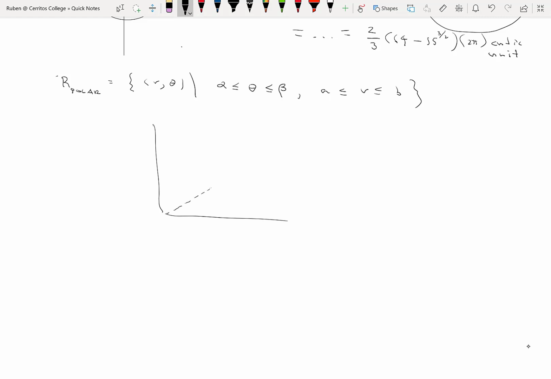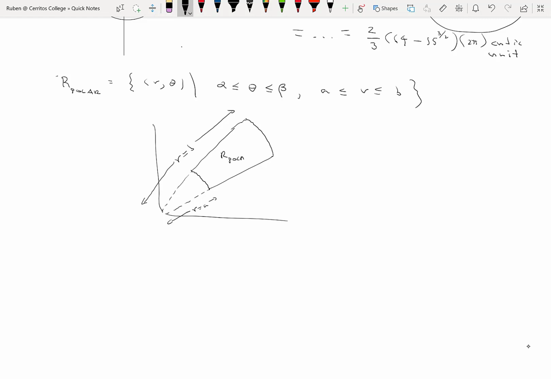Here's theta equals alpha. Here's theta equals beta. Between r equals a and r equals b. So r equals a was this distance, and r equals b was the distance to the outer edge, if you will, of our polar rectangles. And this was R polar.